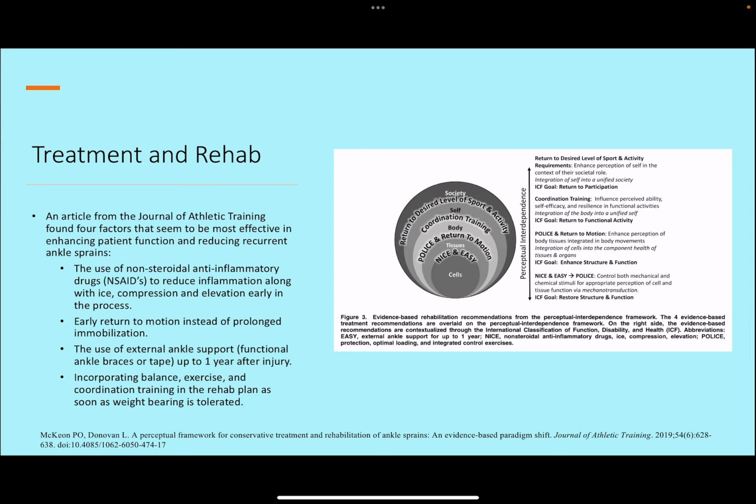And then in this chart on the side, you will see they put these into the International Classification of Function, Disability, and Health, showing that you want to start nice and easy at a cellular level, using RICE, and moving into the tissues, continuing to use that RICE or POLICE policy, and starting to try to get back some motion.